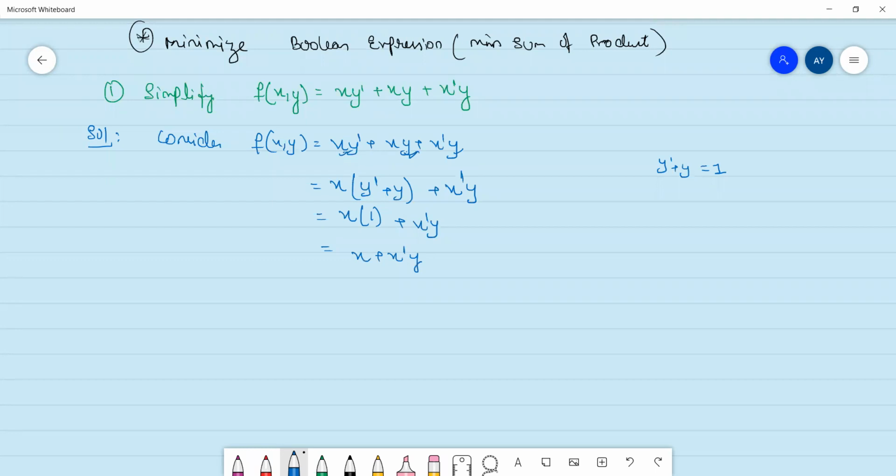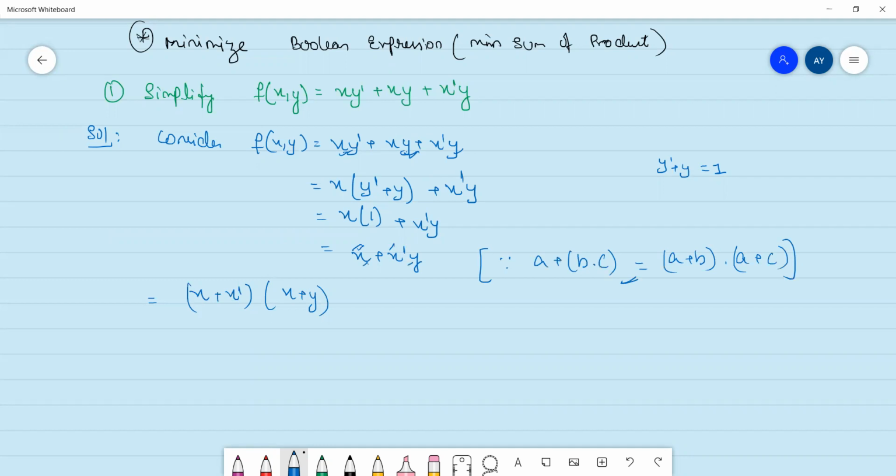And this I am just writing as x plus x' into x plus y. I wrote this because whenever you have a plus b dot c, you can write this as a plus b dot a plus c, from the distributive property. So I'm writing it the same way: x plus x' into x plus y.